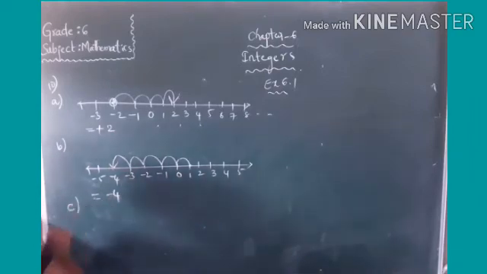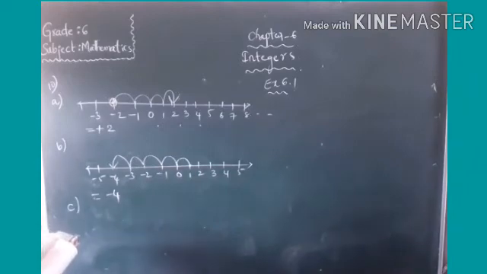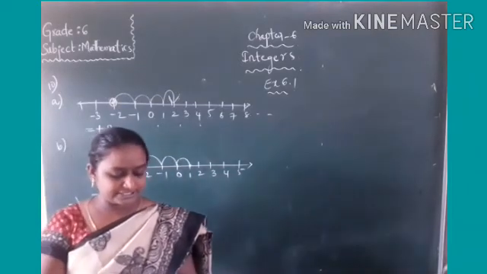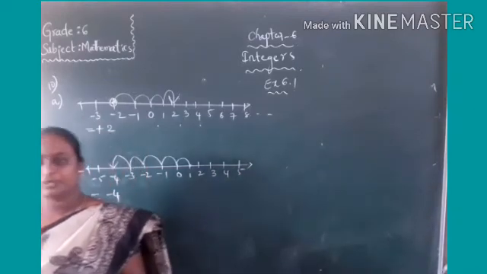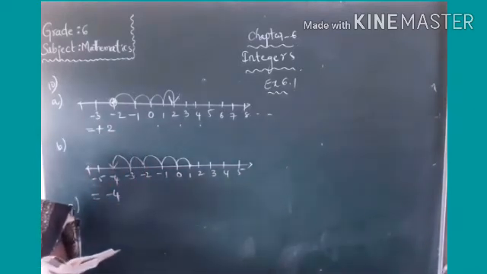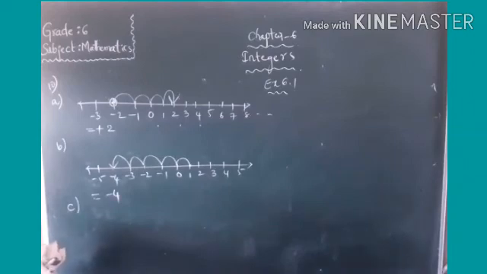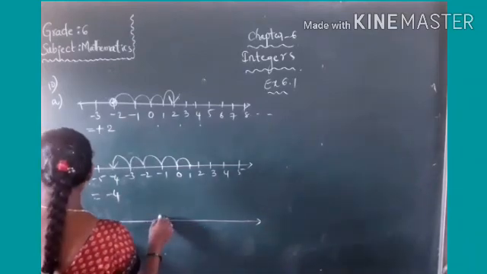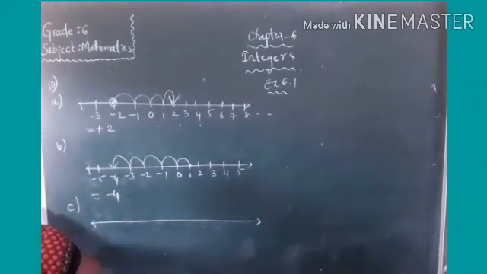minus 4. And next, if we are at minus 8 on the number line, in which direction should we move to reach minus 13? First you draw a number line. Minus 8 is below 0: minus 2, minus 3, minus 4, minus 5, minus 6, minus 7, minus 8. Now you are here at minus 8.